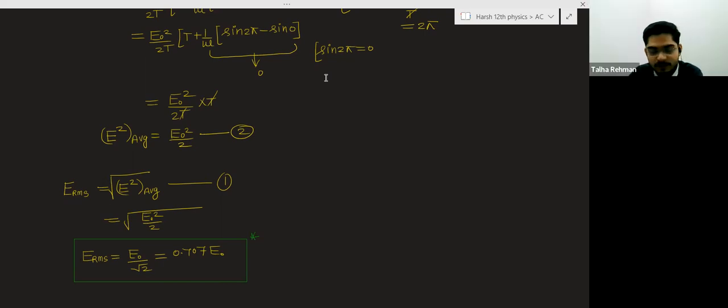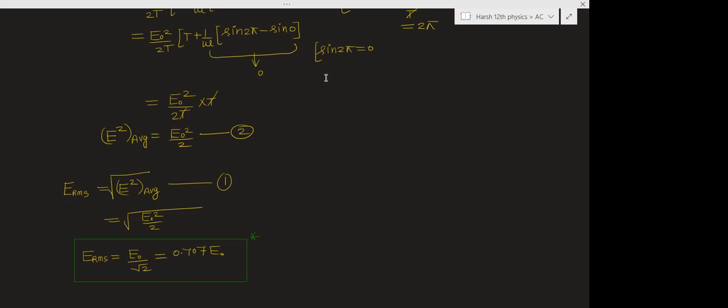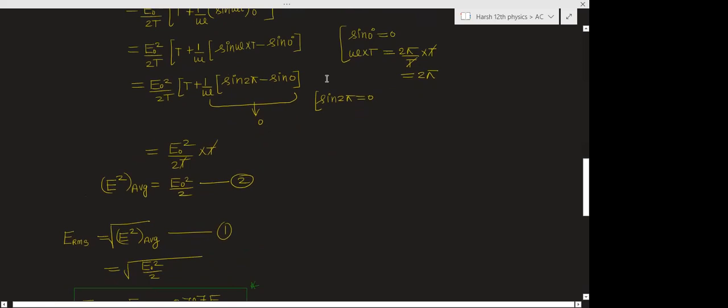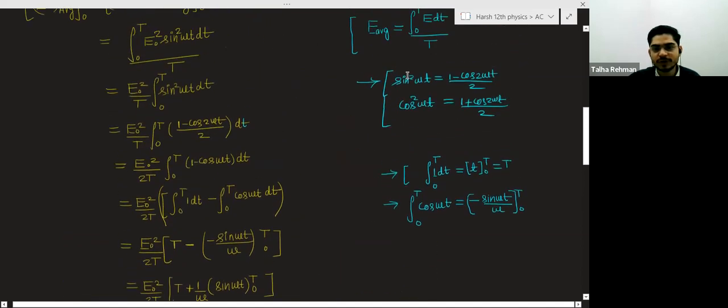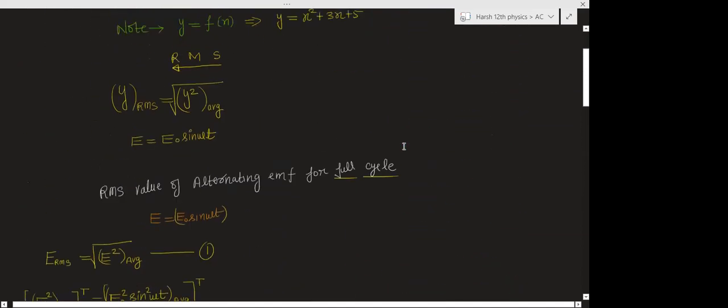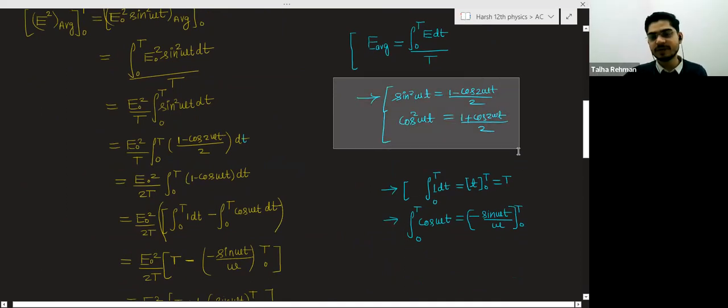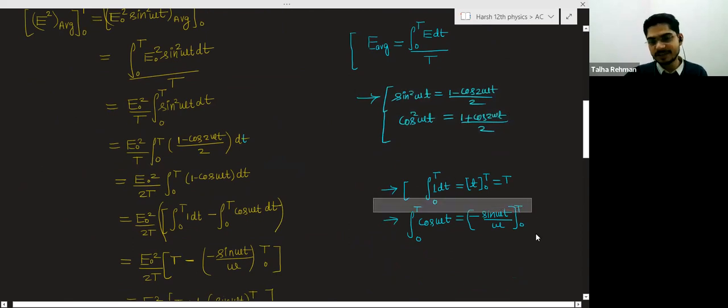Can you scroll up? I'll write this part. This part is very important, because here, see, this is the trigonometry, and here this is the integration.